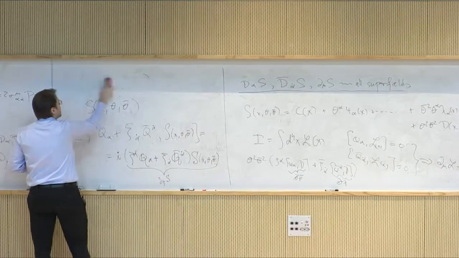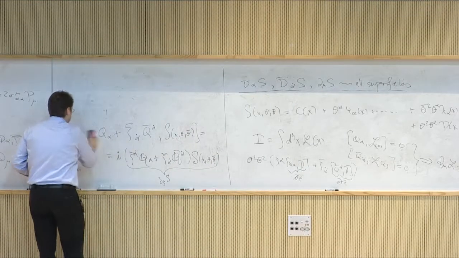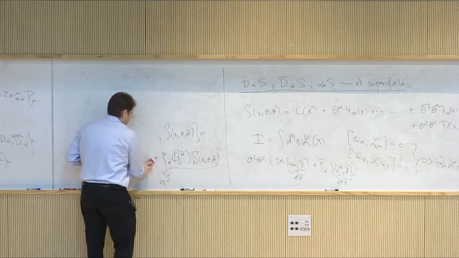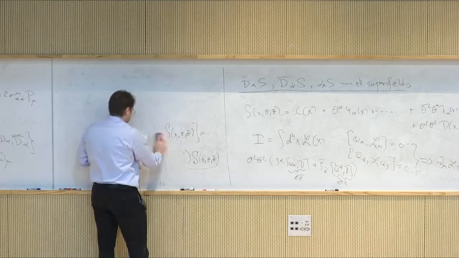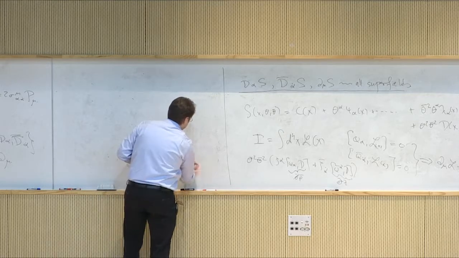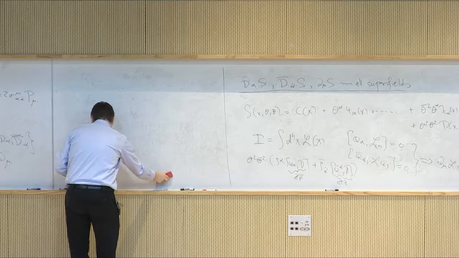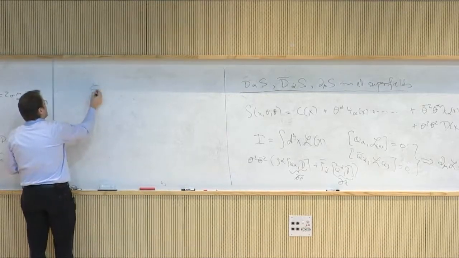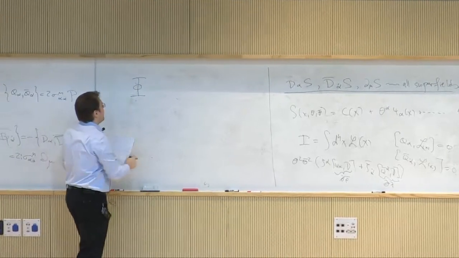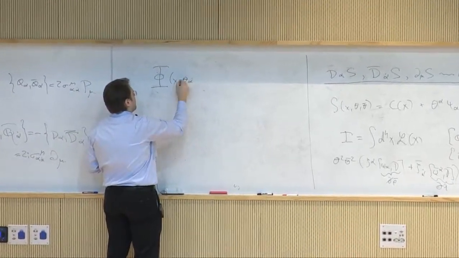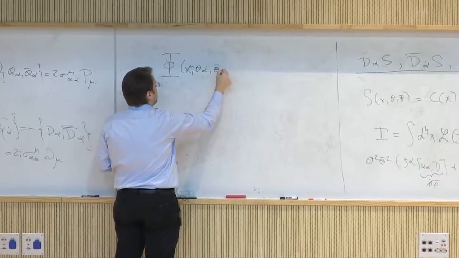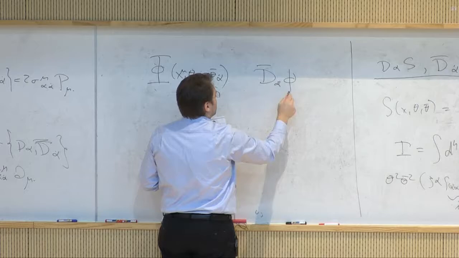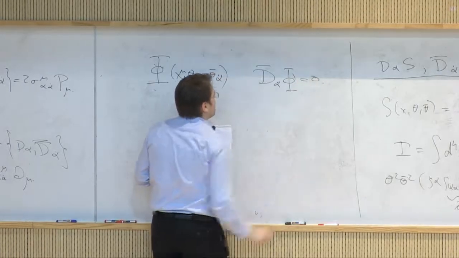So the constraint we're going to look at is the following one. Imagine you have a superfield which I'll now call phi that satisfies the constraint that D bar alpha of phi is 0.